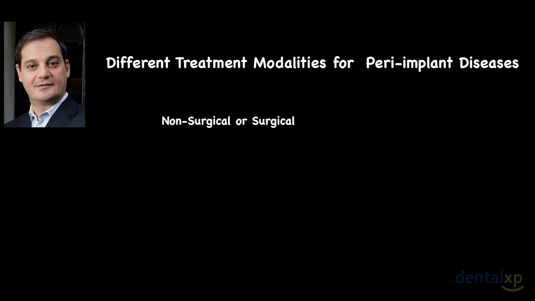Well, you have basically two of them, non-surgical or surgical. And when we look at the non-surgical or surgical, are we going to do mechanical or chemical? In the non-surgical and in the surgical also. And lastly is the resective or regenerative therapy.